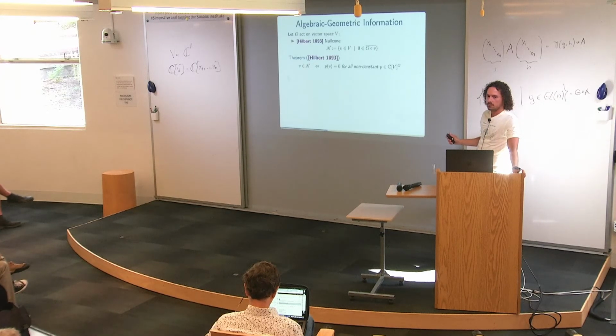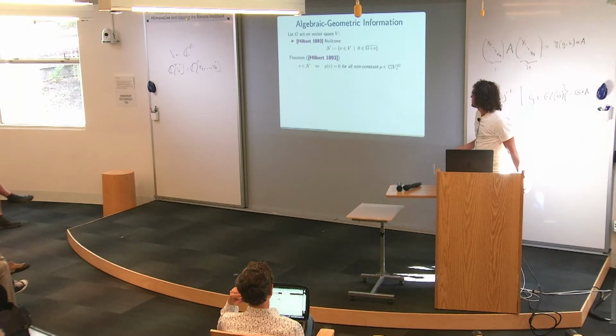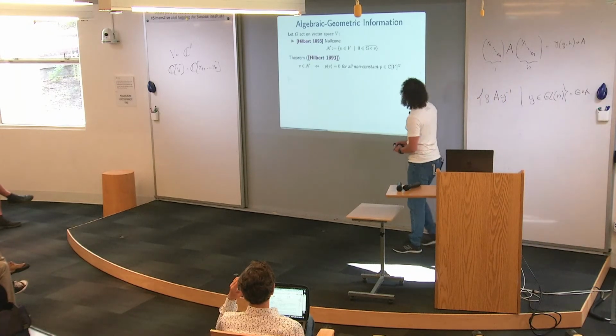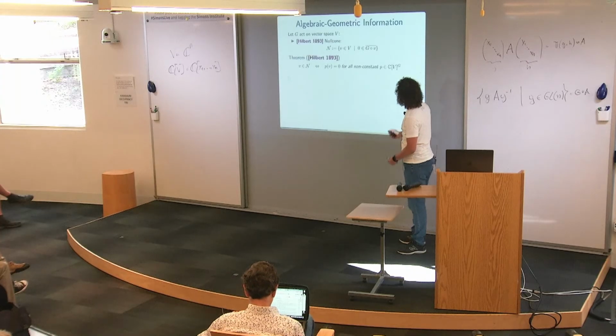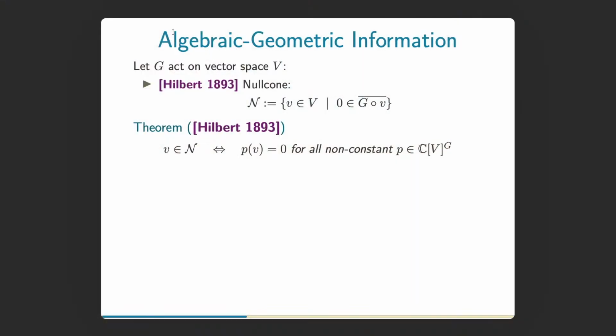More questions? Maybe you can explain one implication, which is very easy. Yes, certainly. There's one direction that is easy. If 0 is in the orbit closure, then all these polynomials must be 0. Why? Because polynomials are continuous functions.